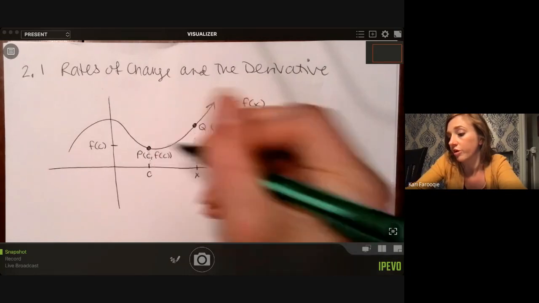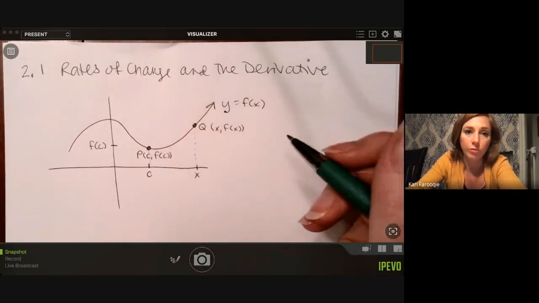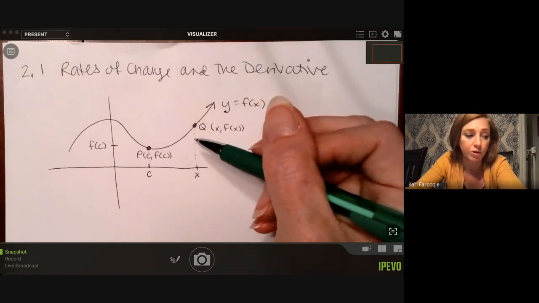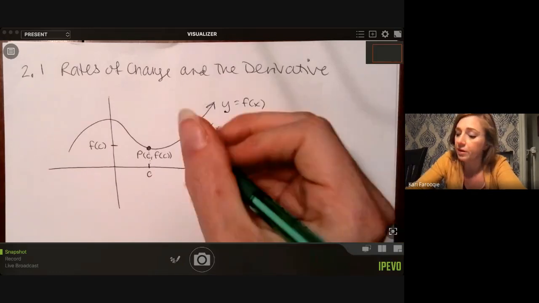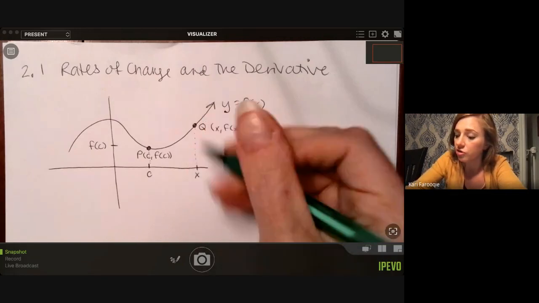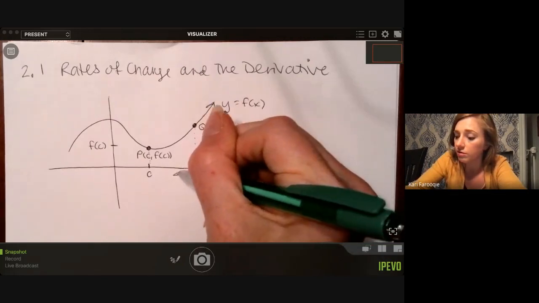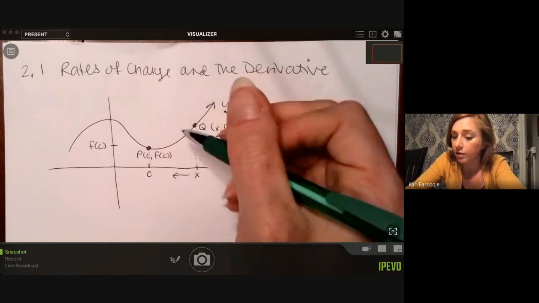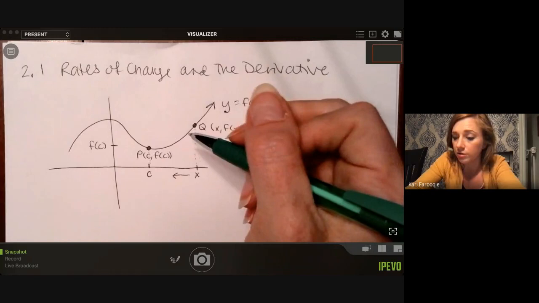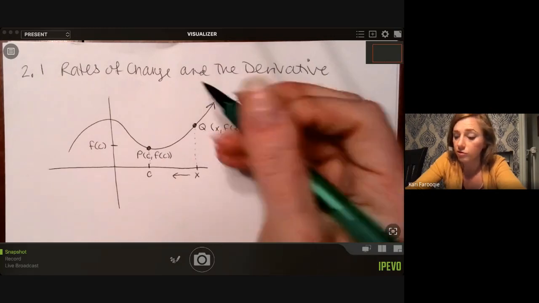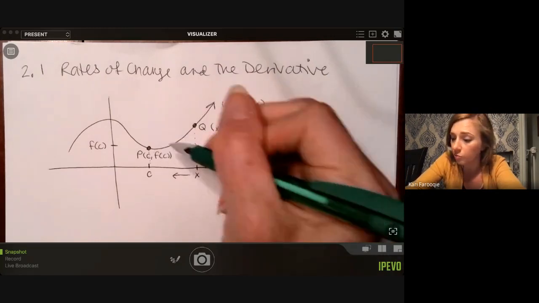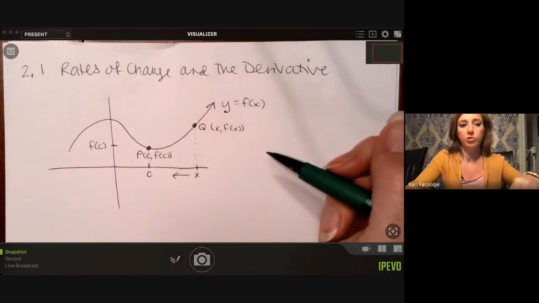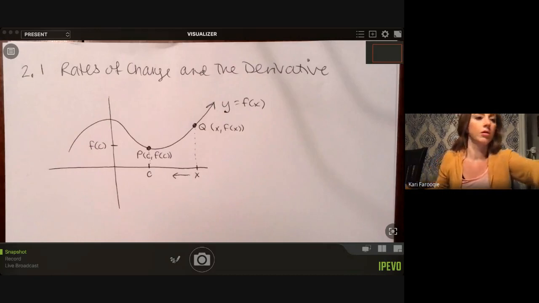really in the first couple sections, is talk about what happens as we move our points incrementally closer together. So imagine that we're moving this value of x in towards C. Now, if you were to actually look at the rate of change, which is the slope between the points P and Q, let's see if I can connect these with a nice smooth line without making this look awful.